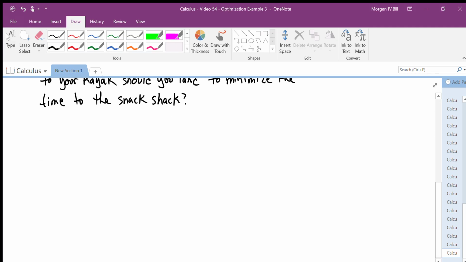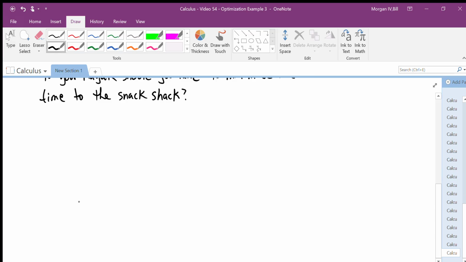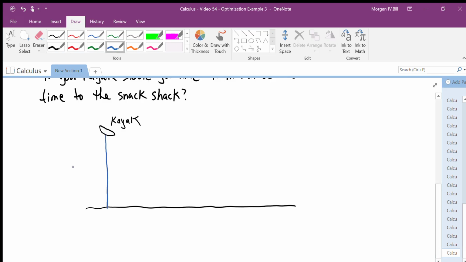So we are assuming that our shoreline is straight, at least basically straight. So here's the shoreline, and here is you in your kayak. All right, so there's your kayak. What we're saying is the distance from the kayak to the shore is 0.8 miles.